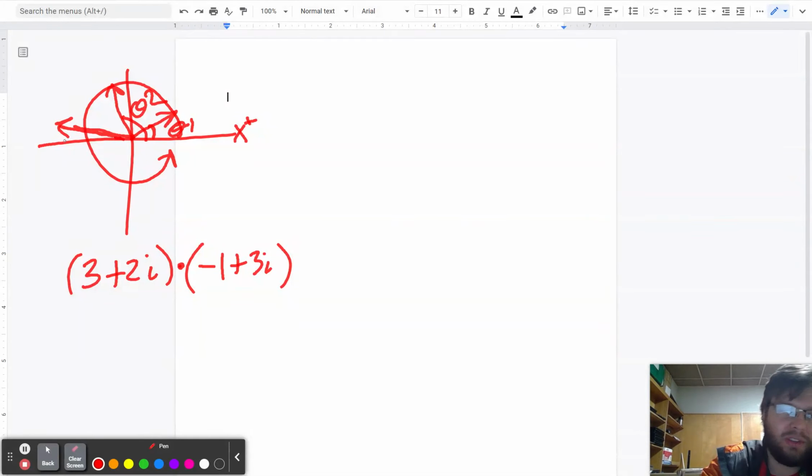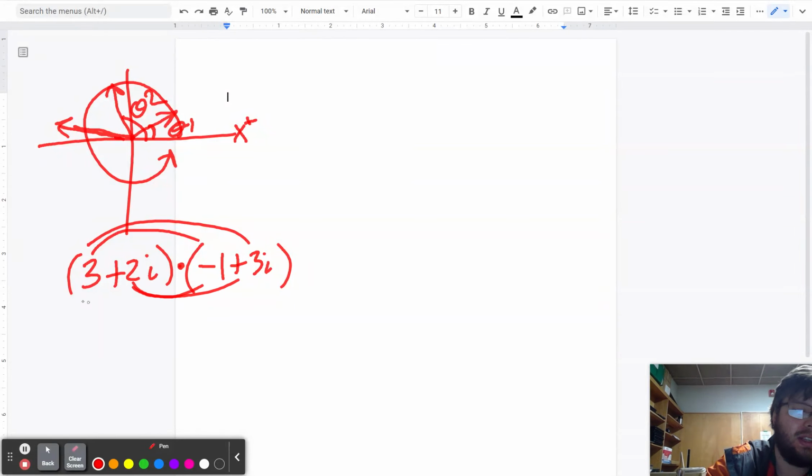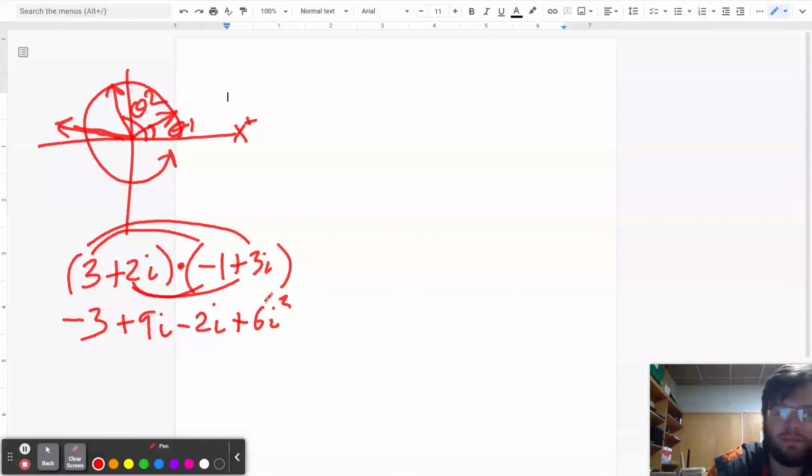And just to review how that works, we go this times this, this times this, this times this, this times this. So 3 times -1, 3 times 3i, 2i times -1, 2i times 3i. Remember, that gives you i squared.